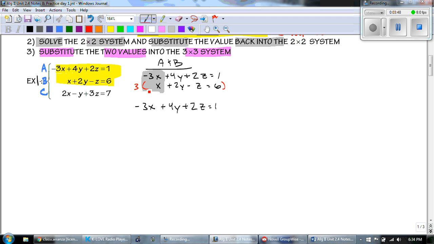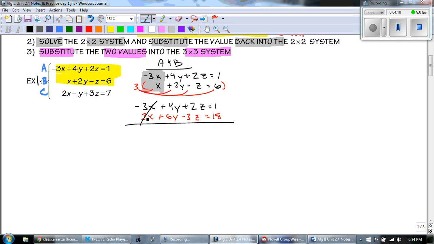And now we're going to multiply everything by 3. So I've got 3x plus 6y minus 3z equals 18. Just remember, we have to multiply everything. Okay?